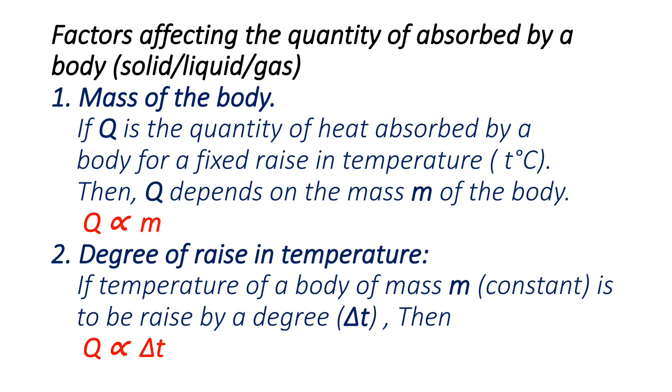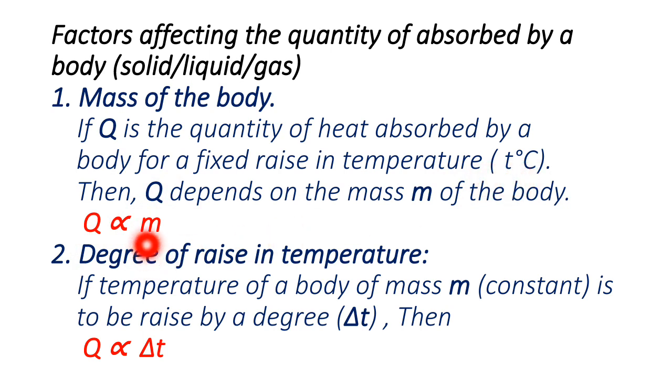That means whatever heat is given for this T degree Celsius raise in temperature, the amount is completely dependent on the mass of the body. So we will say that Q, the amount of heat given to or absorbed by a body for this raise in temperature, completely depends on the mass of the body.